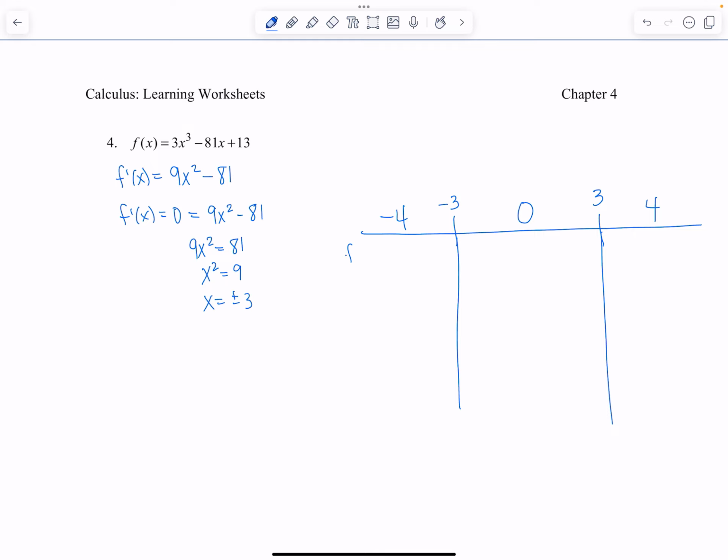So f prime of -4 will give us 9 times -4 squared minus 81. 9 times 16 minus 81. 144 minus 81. 63. So this is positive.